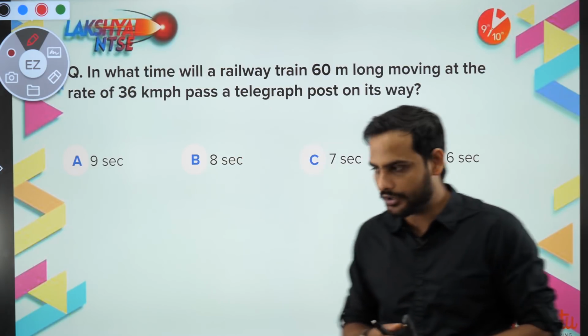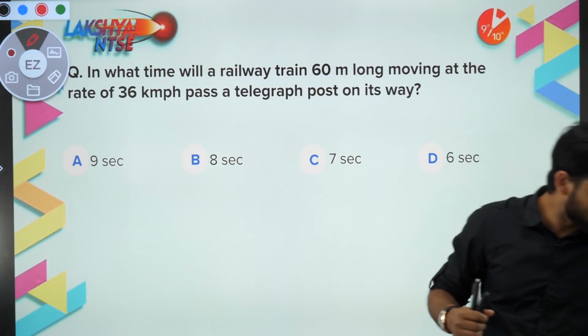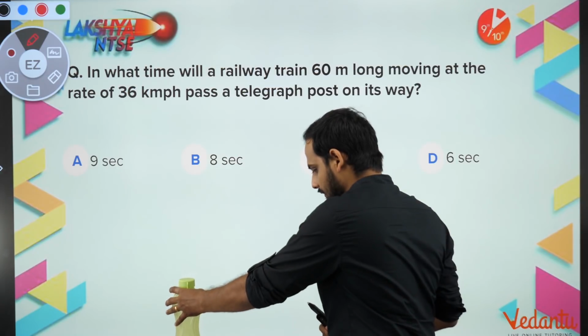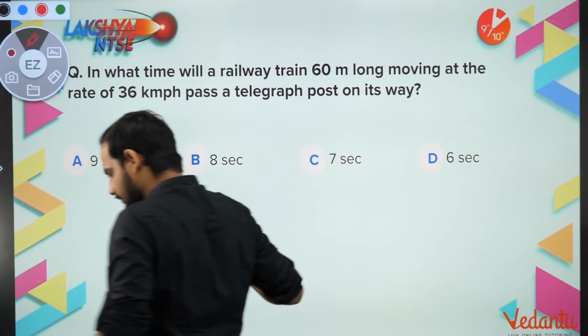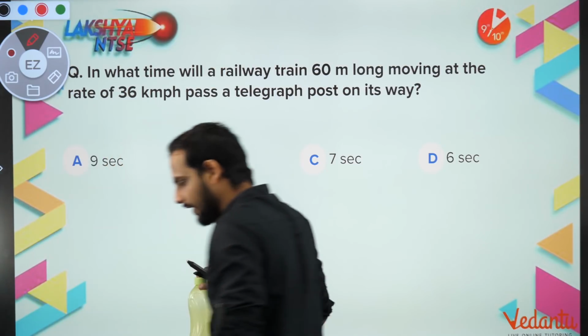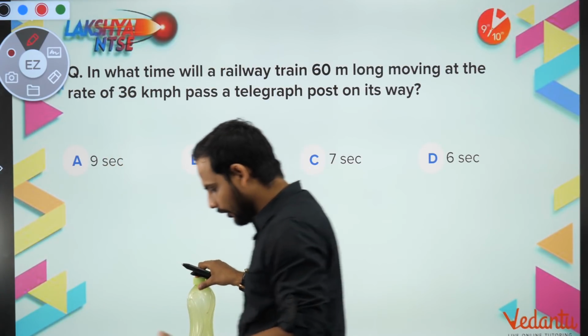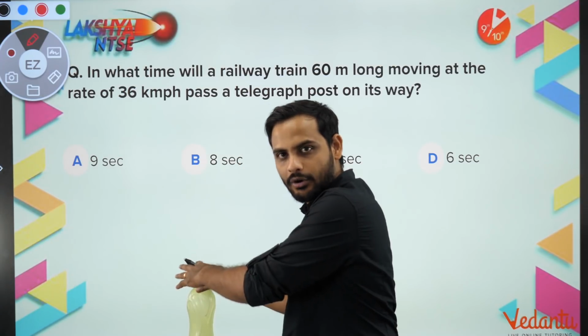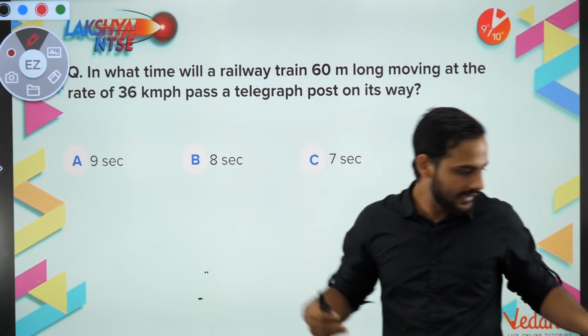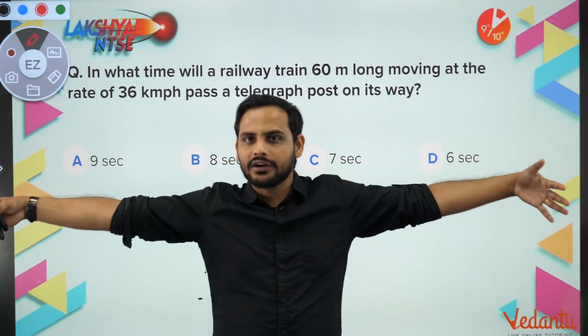See, suppose this bottle is here. When I'm walking towards it, it won't take much time. As soon as I have crossed it, done, because my length this way is not that big.